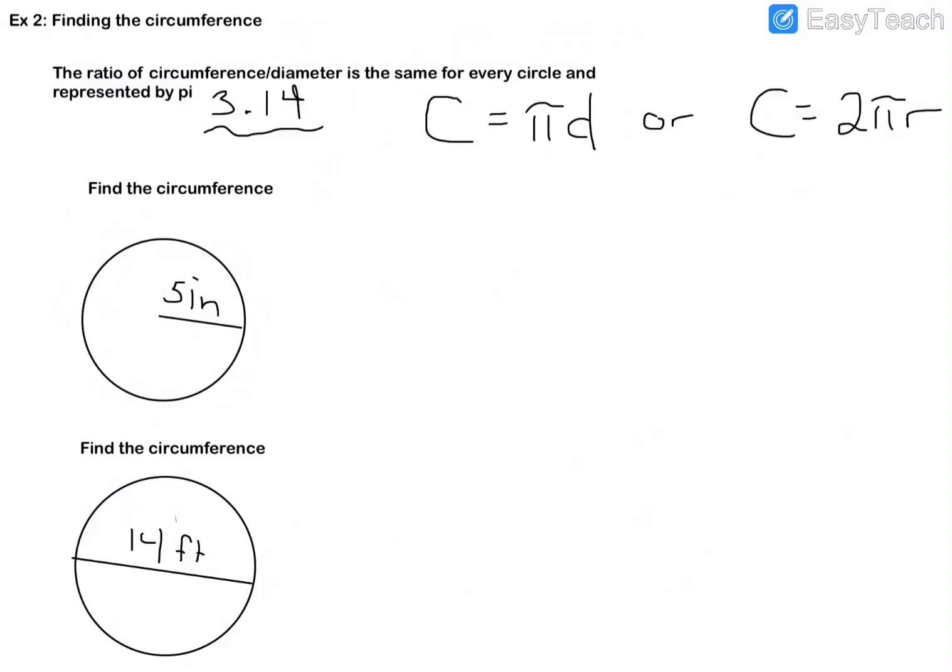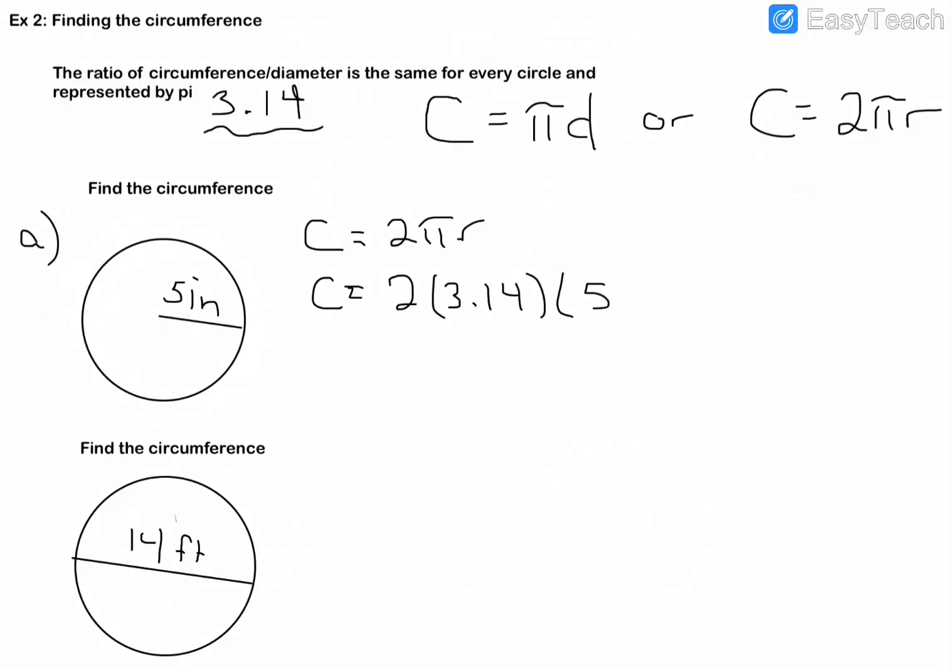Okay, so for A, if we need to find the circumference of this circle, we see that they give us the radius. So I'm going to use C equals 2 pi r. C equals 2 times 3.14 times 5.